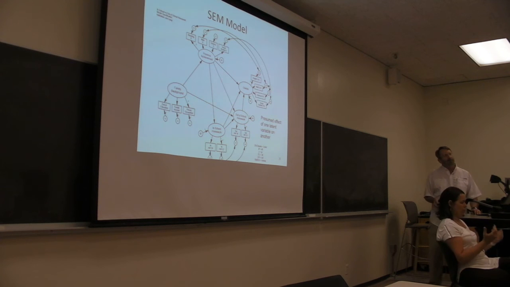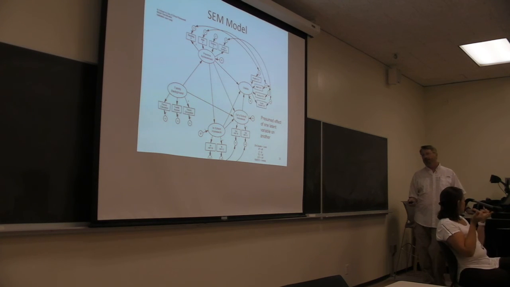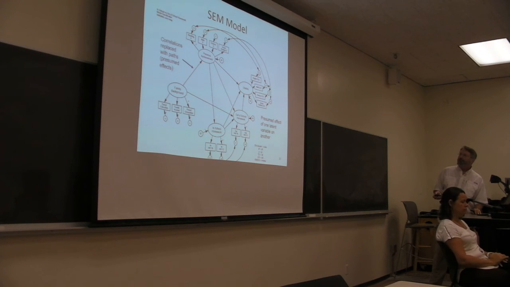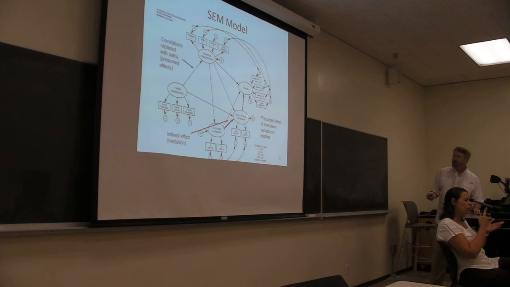So now what we're talking about is the presumed effect of one latent variable on another. So we simply replace the correlations with paths representing the presumed effects. And again, one of the nice things about a structural equation model is we can also look at indirect effects, aka mediation.